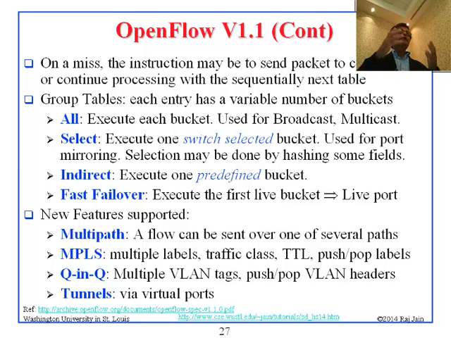Or it could be that it will tell you indirectly where to go and do the actions. And fast failover, that basically sees which port is active. So it will say try port 1 first. If it is not active, then go to port 2. First live port it will send. So there are many alternatives in the group table. So with this, we can support multipath, MPLS, Q-in-Q, and tunnels.